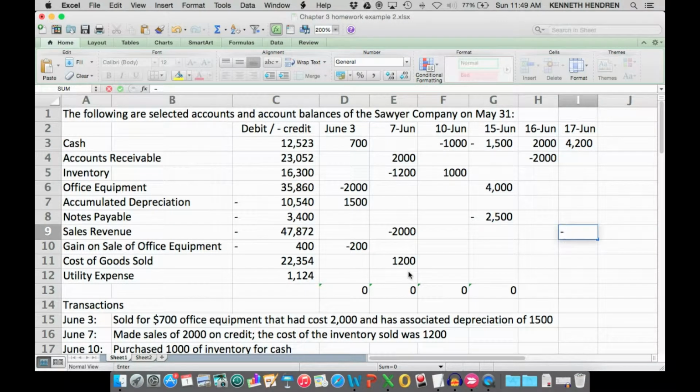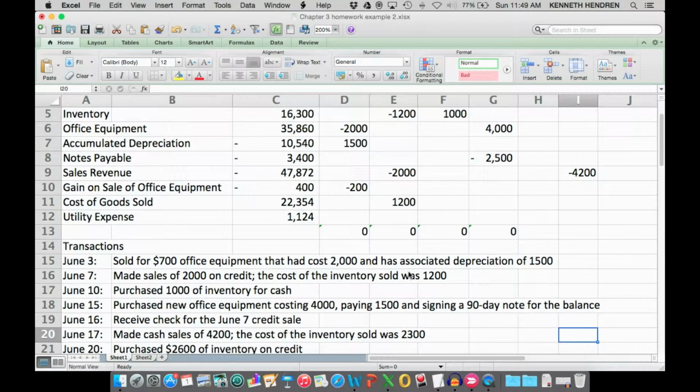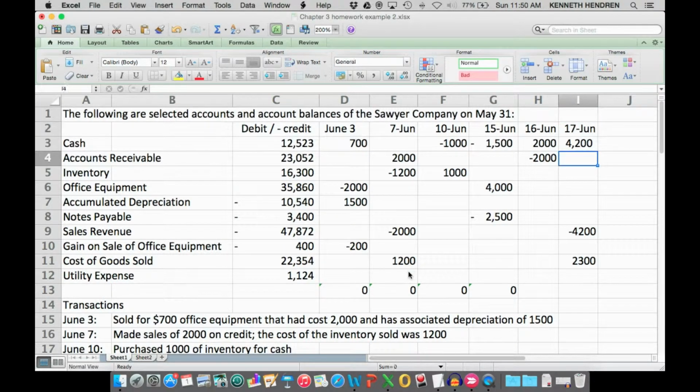We have sales revenue, so record our sales revenue. And then our cost of the inventory sold was $2,300, and so cost of goods sold goes up by $2,300, and our inventory goes down by $2,300.